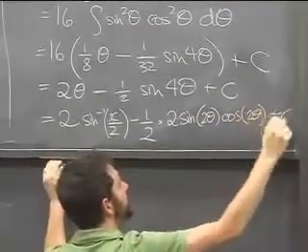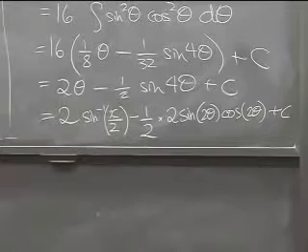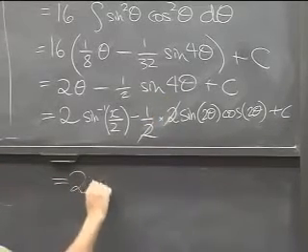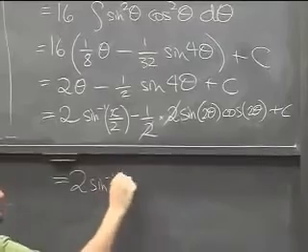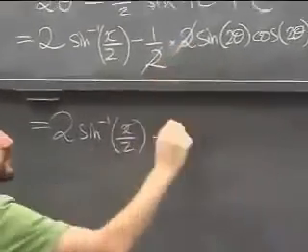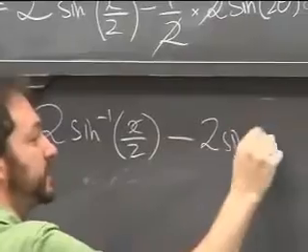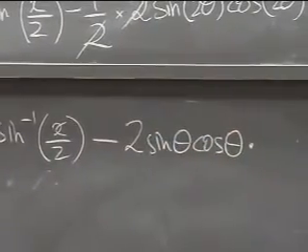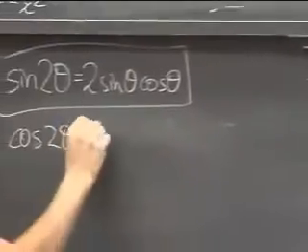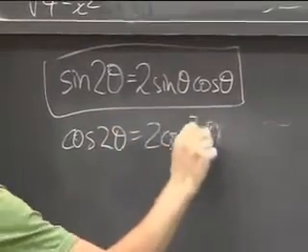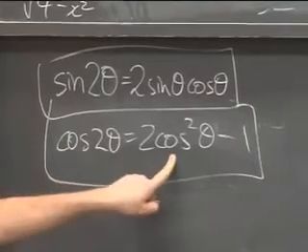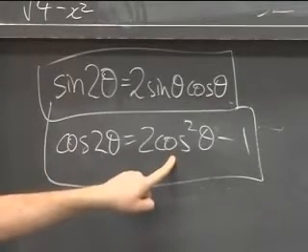This is a pretty hard example, as it turns out. 2's cancel out, and we still need to use the double angle formulas again. Sine 2 theta is 2 sine theta cosine theta, and cosine 2 theta is 2 cosine squared theta minus 1. That one we've actually already looked at, but with cosine squared as the subject.